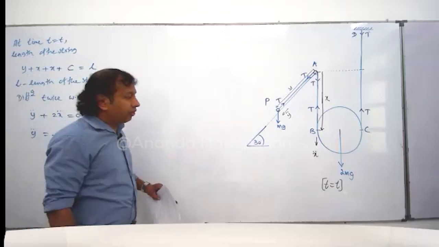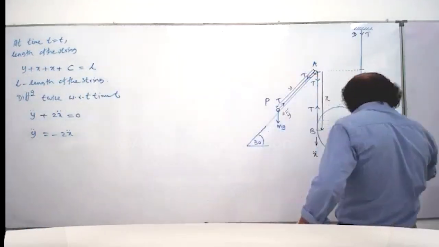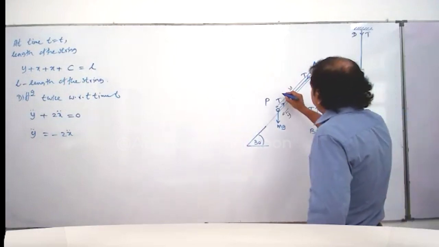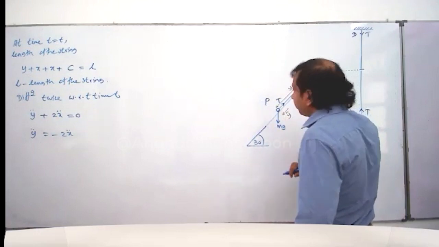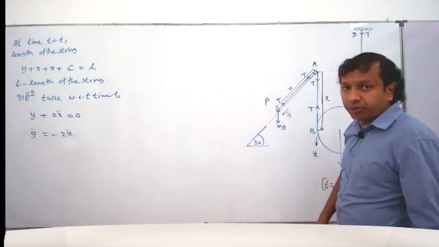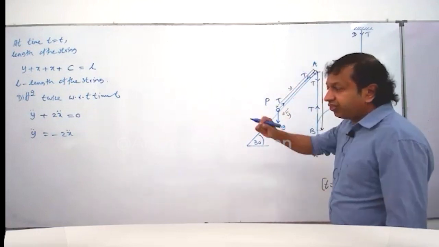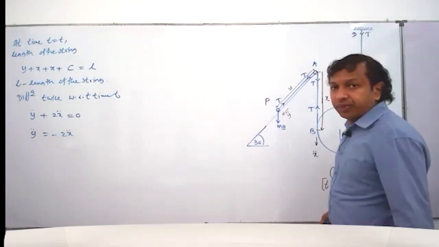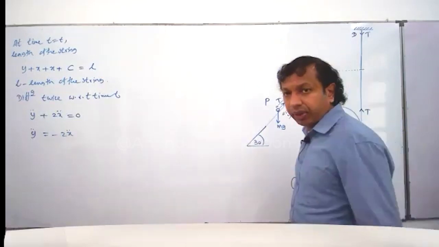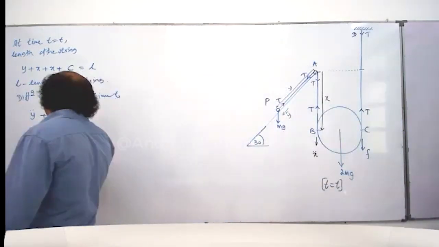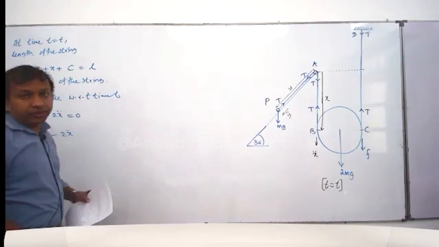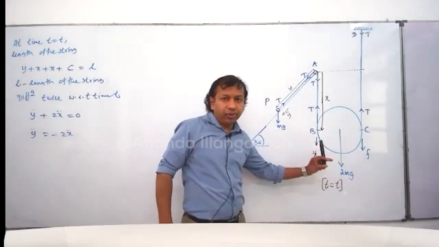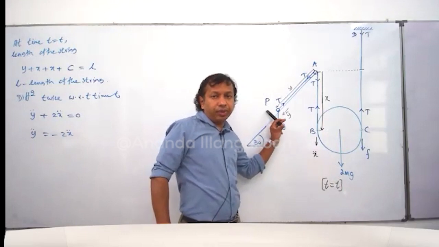If you take the magnitude of the pulley's acceleration as f, the acceleration of this particle should be 2f, in this way minus 2f. That minus sign is important. Thereby, you can see the acceleration of the particle P is 2 times that of this pulley. The minus sign says that when the pulley is moving downward, the particle is going in this direction.